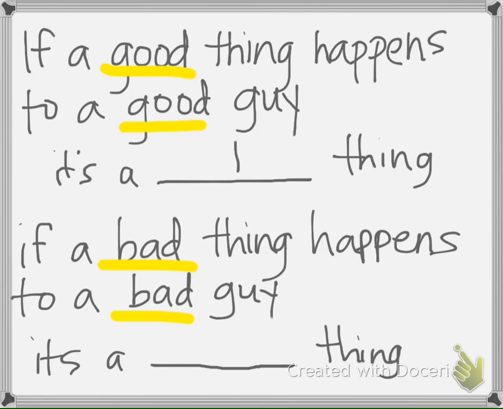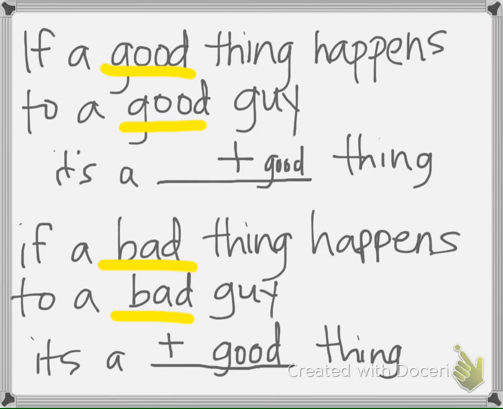Positive also means good. If a bad thing happens to a bad guy, for example, Joker goes to jail, then this is a good thing. We want him to get busted, right? That's a good thing, which we know good means positive.